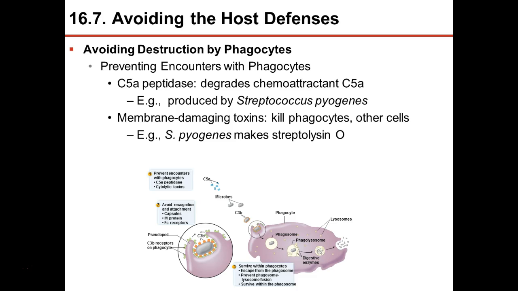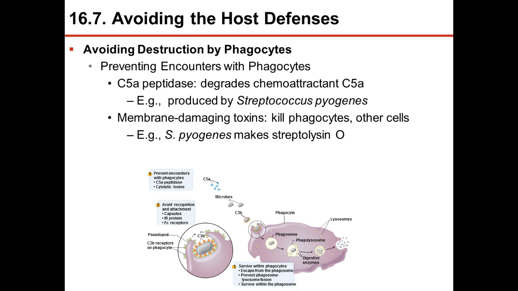Here, once inside, there's a couple different ways that the pathogens can avoid destruction by the phagocytes. So one is a chemoattractant, C5a. Remember, when C5 is cleaved into A and B, B becomes part of the membrane attack complex, and A is a chemokine.